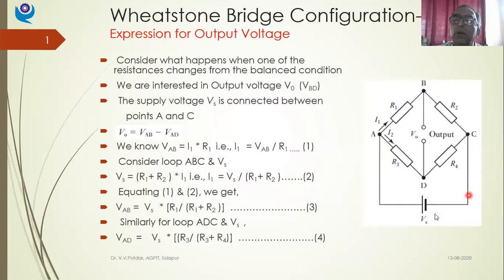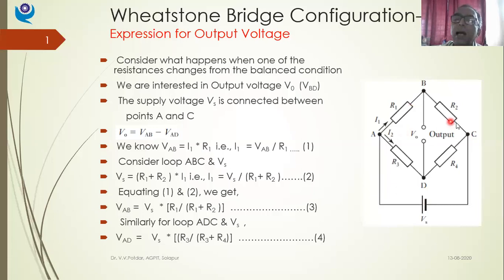Kirchhoff's voltage law says the total potential drop across the circuit, Vs, will be equal to the sum of the individual potential drops. What are the components in the circuit now? Vs is there, R1 is there and R2 is there. So Vs will be equal to I1 into R1 plus the same I1 into R2.